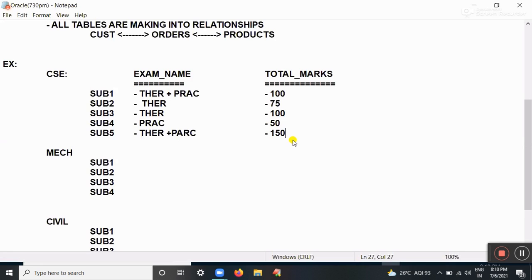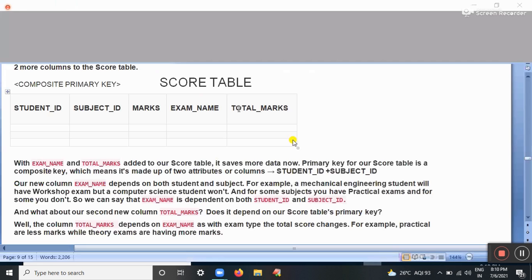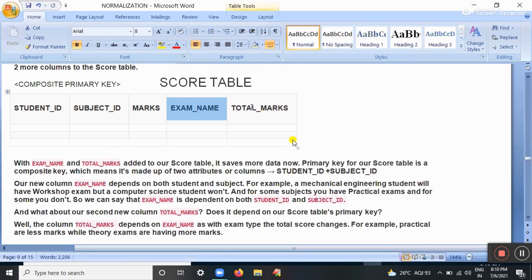So what do you understand, guys, here? In this table, the total marks column depends on examination name, not on the student. That point is given here. With examination name and total marks added to our score table, it saves more data now.